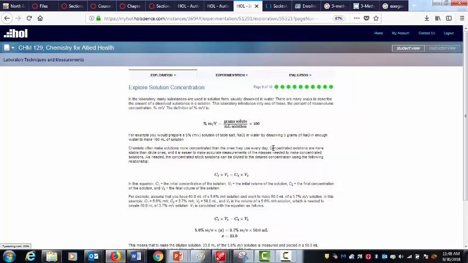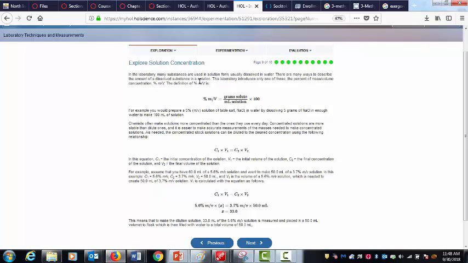And here, concentration, we have not gone over this in class, so let's just talk about this right quickly. Concentration is just how much of something that's dissolved is in the solution. So here we're looking at percent mass of what we're dissolving, which I believe is salt in this experiment, over the volume. And so this is just a measure of concentration.